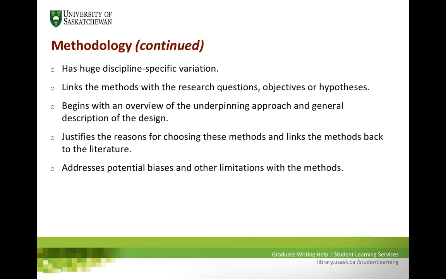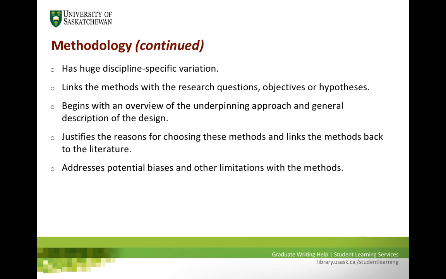The thing about method sections is that they have huge discipline-specific variation. So there's really not that much we can say that will cover all method sections. For example, some method sections may be very short with no subheadings, and they may rely largely on referring to established methods in the field.